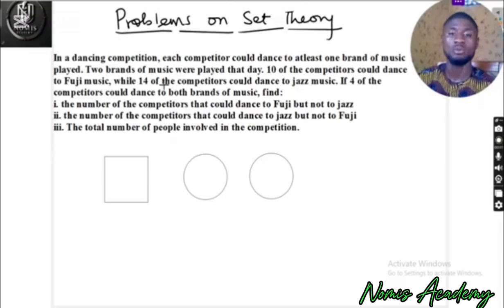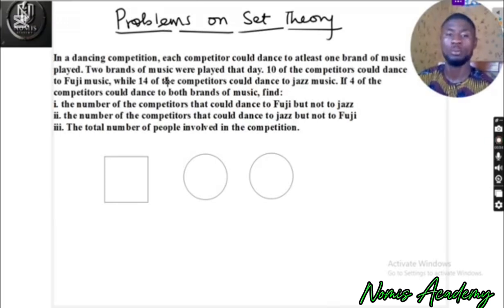So in a dancing competition, each competitor could dance to at least one brand of music played. Two brands of music were played that day. Ten of the competitors could dance to Fuji music, while 14 of the competitors could dance to jazz music.